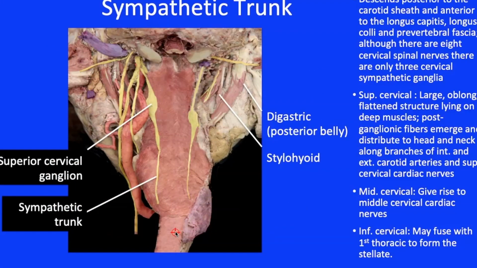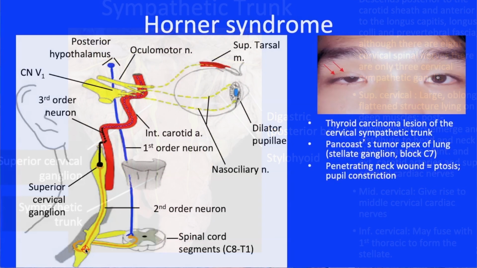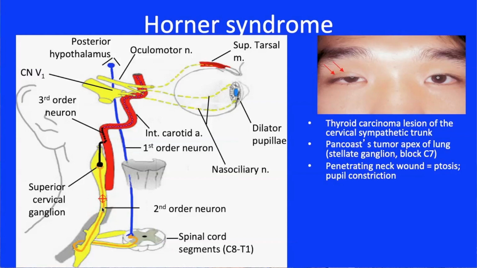The next set of nerves in the neck to consider are the sympathetic trunks. While the rising trunks are sometimes difficult to see in a dissection, the superior cervical ganglia tend to be quite prominent. These trunks represent second-order neurons that exit the spinal cord from segments C8 to T1, travel upwards in the neck, then synapse at the superior cervical ganglion.